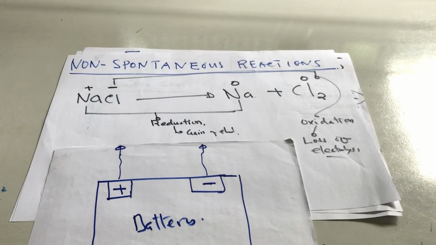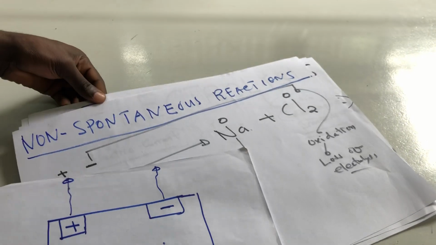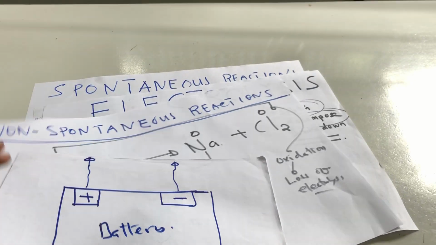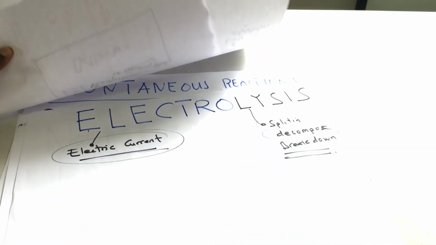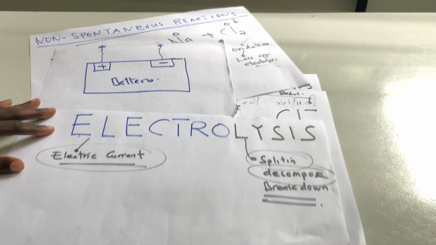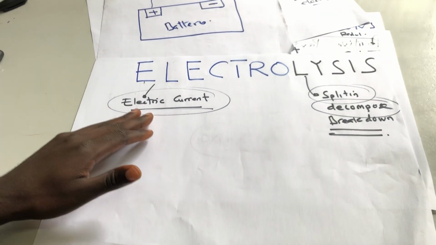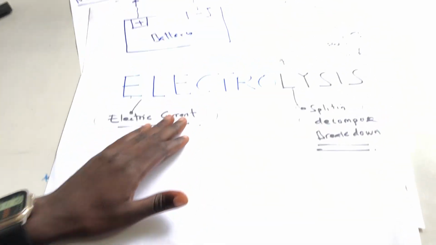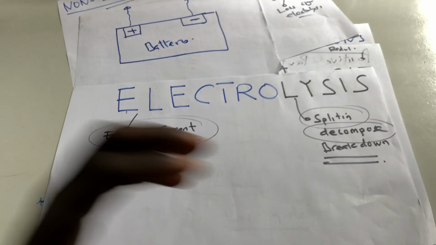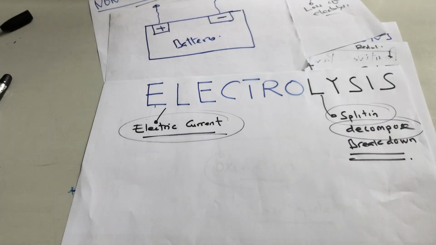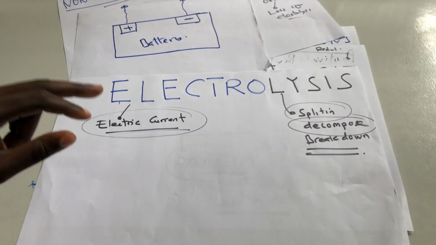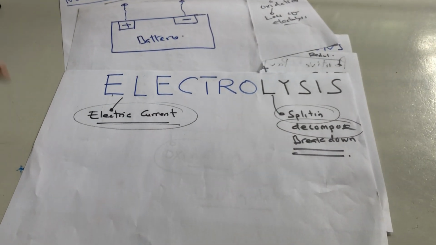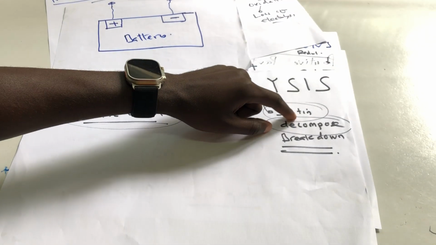So that is all about electrolysis. So electrolysis, we say that is the use of electric current to drive a non-spontaneous reaction, or the use of electric current to decompose a certain substance. It's the use of electric current to split certain substance.